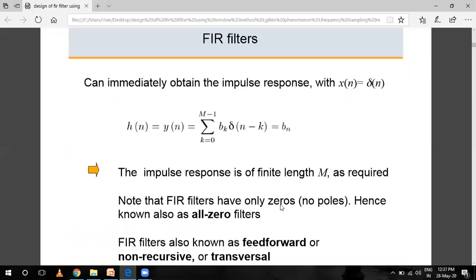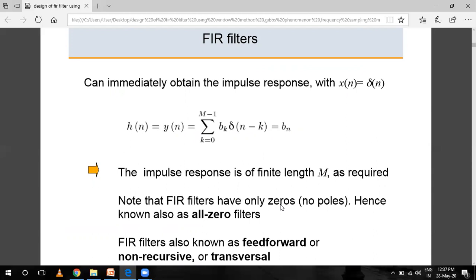Fine. When we are talking about the FIR filter, the impulse response with x(n) equal to delta(n) gives y(n) equal to h(n), that is the summation of b_k delta(n-k), which is equal to b_n.